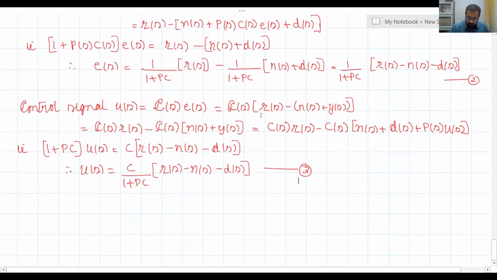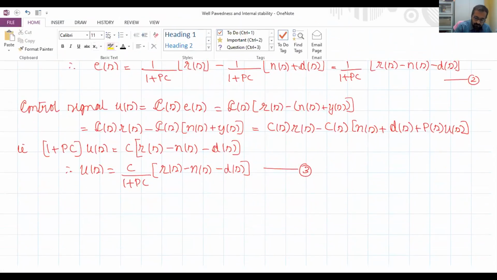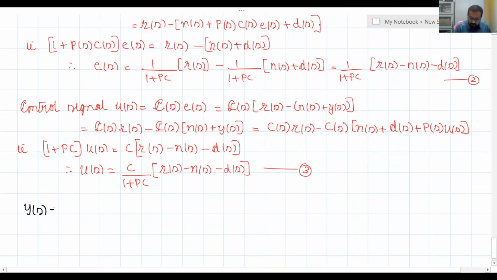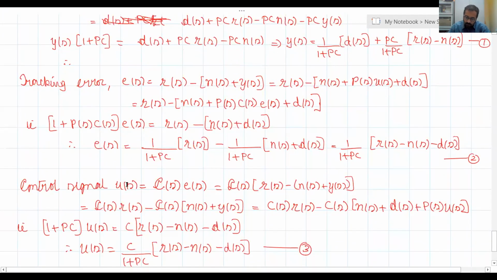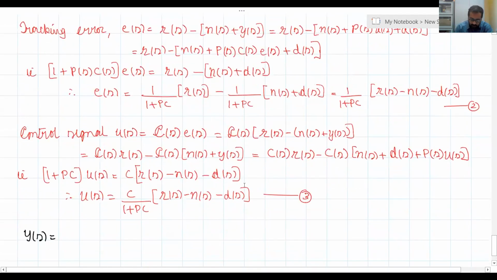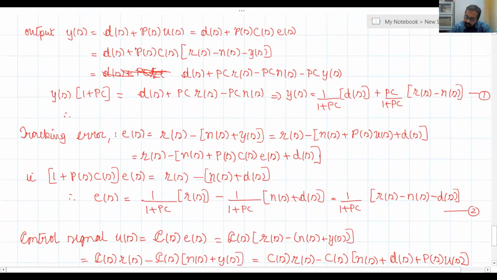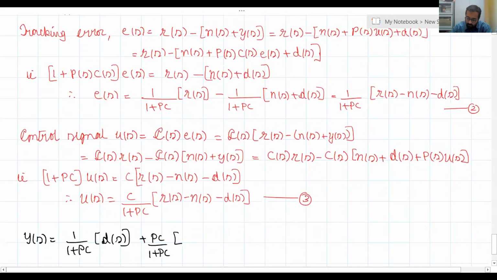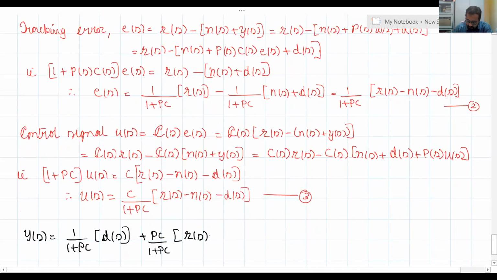So output Y of S is what? 1 by 1 plus PC into D of S, then plus PC by 1 plus PC into R of S minus N of S. That was equation 1.